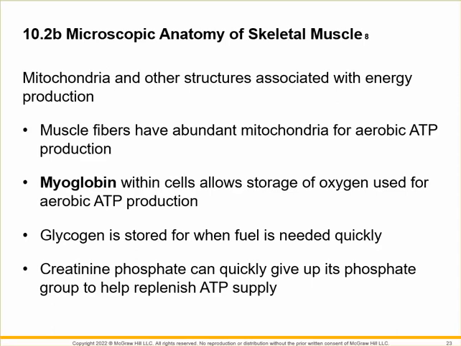When the muscle's at rest, we make ATP and we have ATP stored. But when that reaches its maximum, it'd be nice to store a little bit more energy. So instead of adding the phosphate to an ATP, we add a phosphate to something called creatine, and we make creatine phosphate.